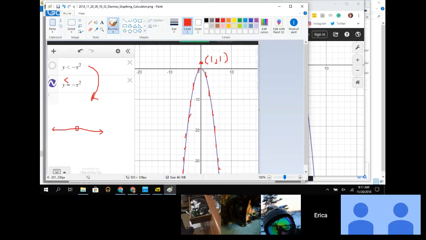So when y is 1, is that less than negative 1 squared? Well, this is just like 1 is less than negative 1. Is this true? That's not true, right? So that means that this part is not going to be shaded. So the opposite side is what's going to get shaded in.